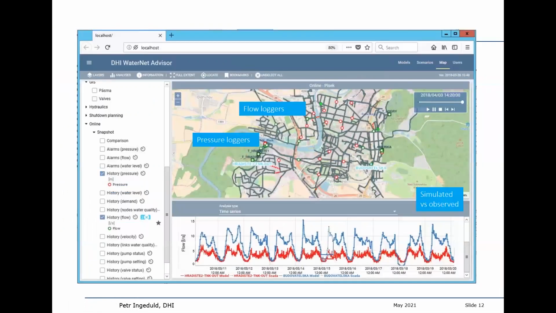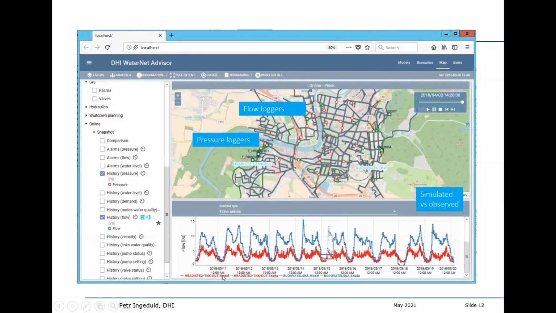This picture shows part of the water distribution network. These green and red dots in the map show flow sensors and pressure sensors. And if the user would select the sensor and click the sensor, he would get time series plots. And there will always be a couple of time series.